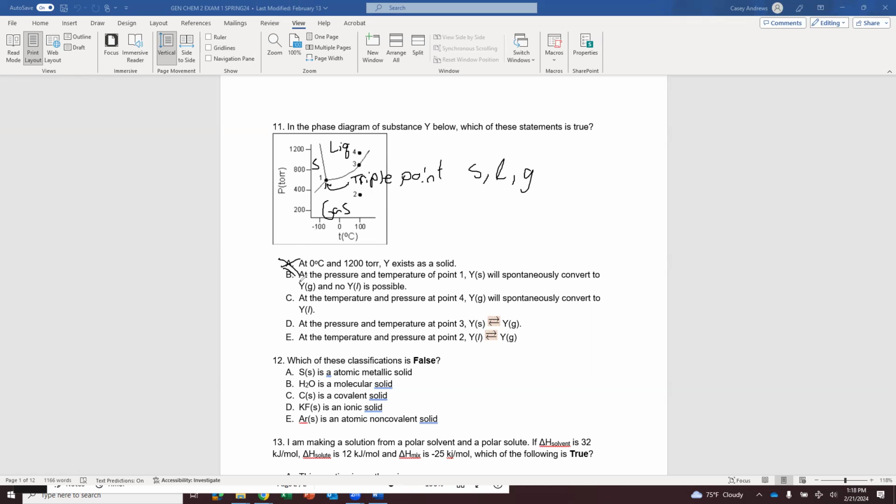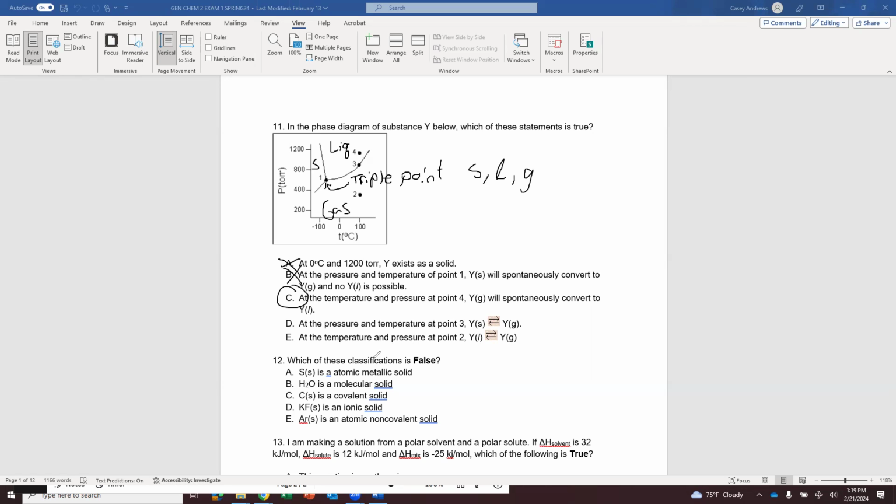So liquid is possible, so it can't be that. Point 4. At the temperature and pressure at point 4, gas will spontaneously convert to liquid. Well, point 4 is in the liquid region. So if we have any gas at point 4, it has to be a liquid instead, so it will convert. So your answer there is C.